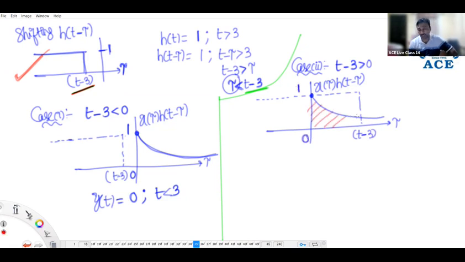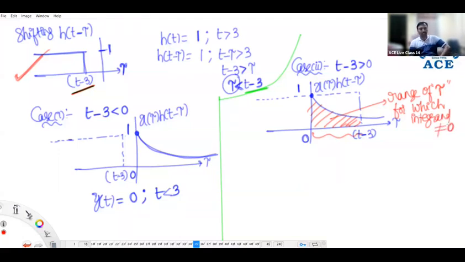So what is the shaded portion? The dotted signal and the thick signal are combined for a certain range, 0 to t minus 3. That is the range of tau for which our integrand is not equal to 0.